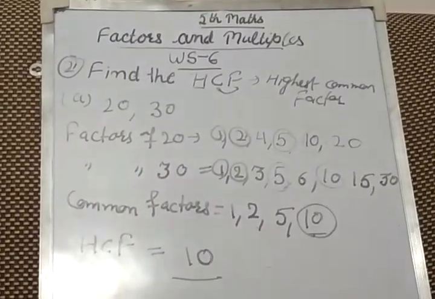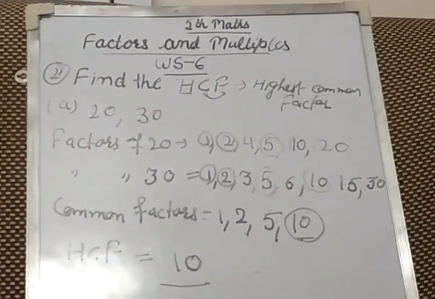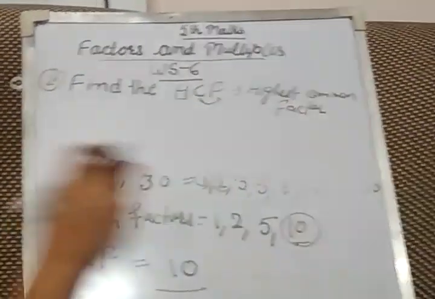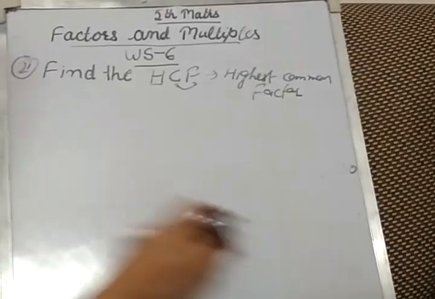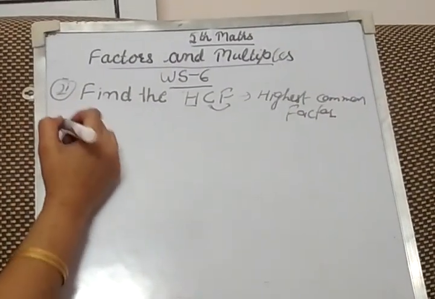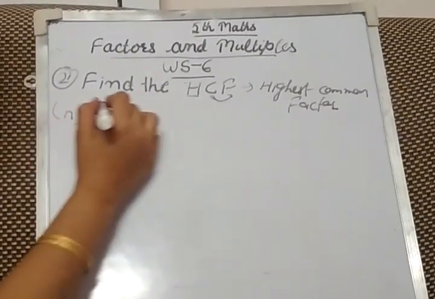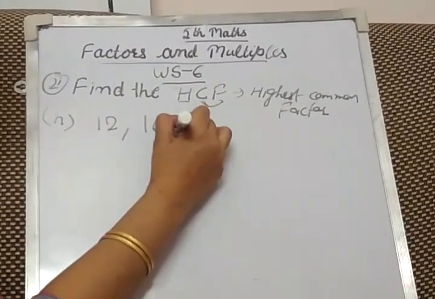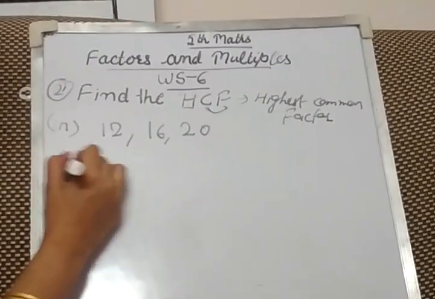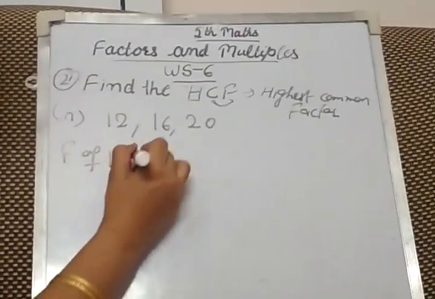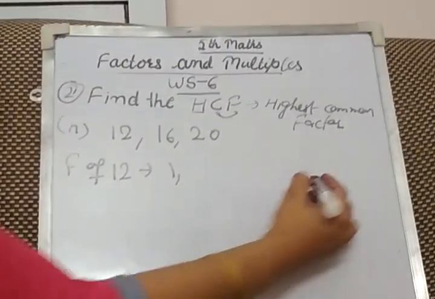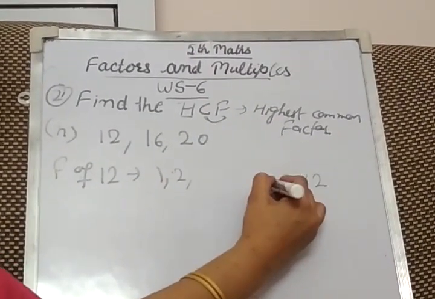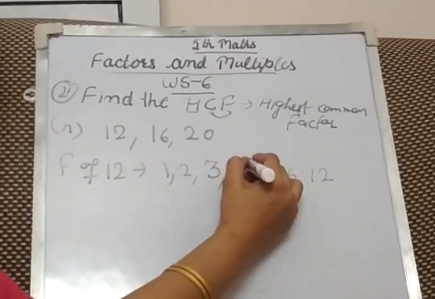Okay. Now see the next part in which 3 numbers are given. The next one is 12, 16 and 20. Firstly, write the factors of 12: 1, 2, 3, 4.